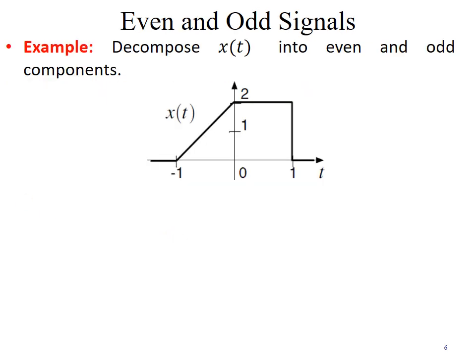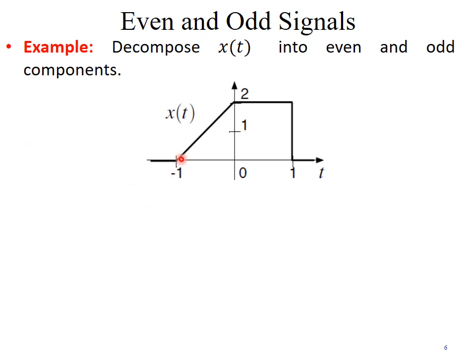Now let's consider this signal and find the even and odd parts of x of t. Now x of t here is from -1 to 1. First we need to write down the mathematical expression for this signal.